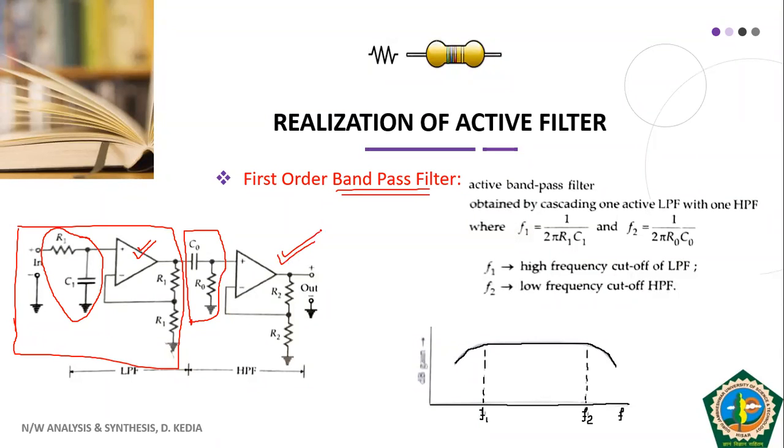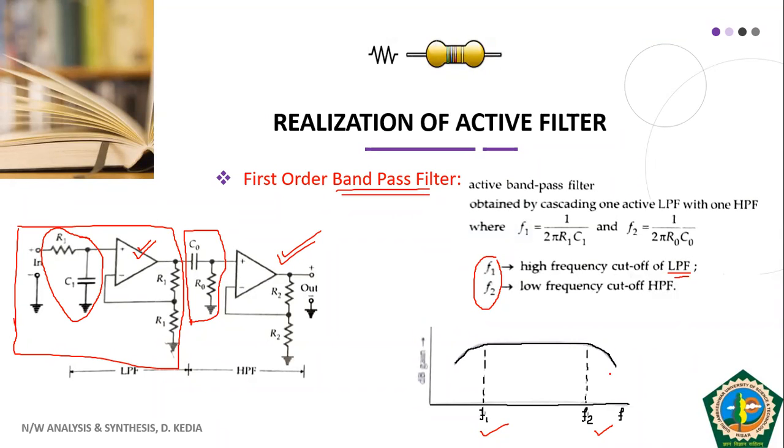In the high pass filter, this is your high pass component and this is again our non-inverting amplifier. So if we cascade the two and we ensure that the cutoff frequency of the low pass filter lies here and the cutoff frequency for the high pass filter lies here, that is your high cutoff frequency for the low pass filter and low cutoff frequency for the high pass filter, then we will be able to allow a band of frequencies to pass through, an overlapping band.